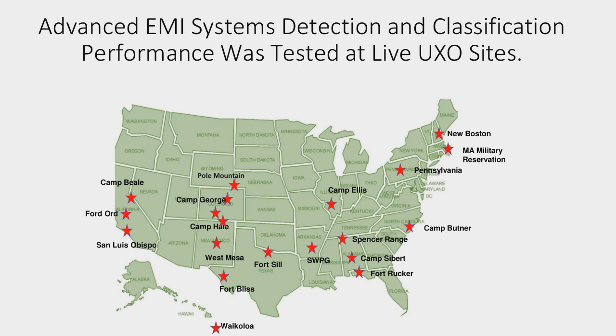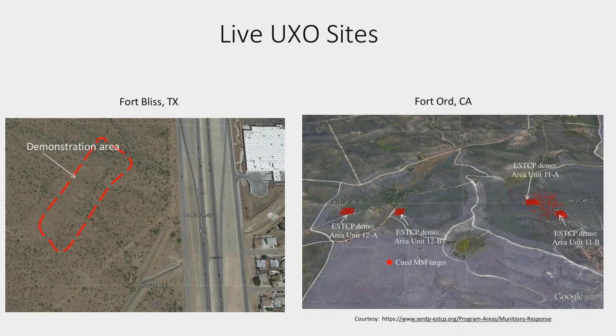This system and signal processing approach were taken and tested at more than 20 live UXO sites, and here are some representative of those sites, where we extensively studied classification performance.